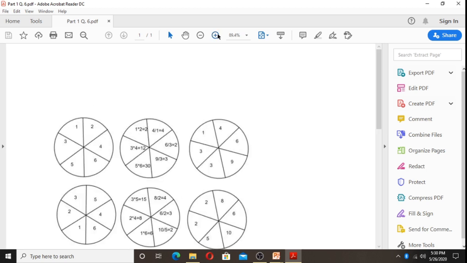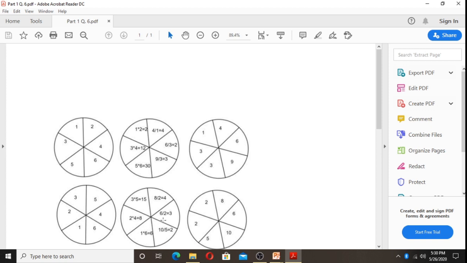See, here in the middle circle, the left half circle contains the values as the product of the corresponding entries in the left circle. 1 into 2 is equal to 2, 3 into 4 is equal to 12, 5 into 6 is equal to 30, while the right half of the middle circle contains the numbers which are obtained from the division of the numbers on the left circle, that is 4 divided by 1 is equal to 4, 6 divided by 3 is equal to 2, 9 divided by 3 is equal to 3.